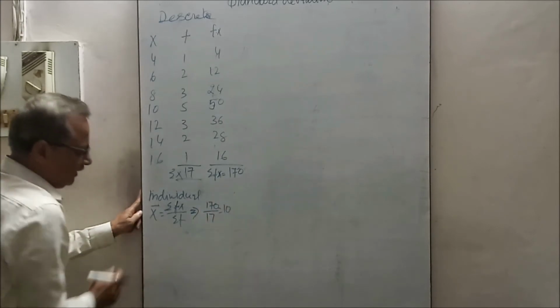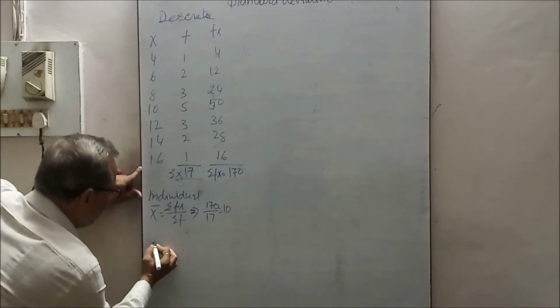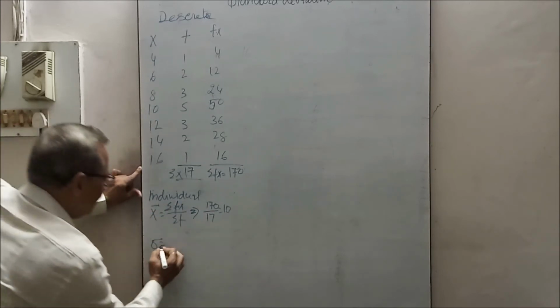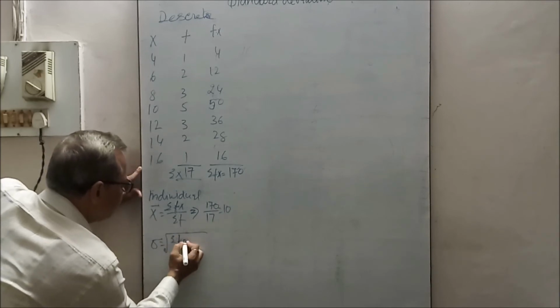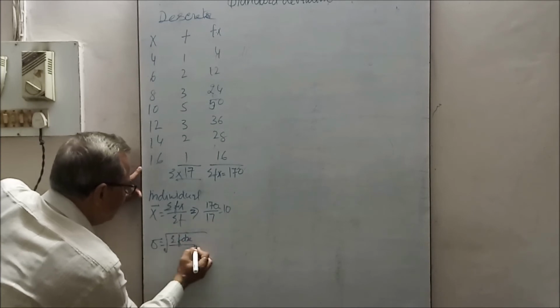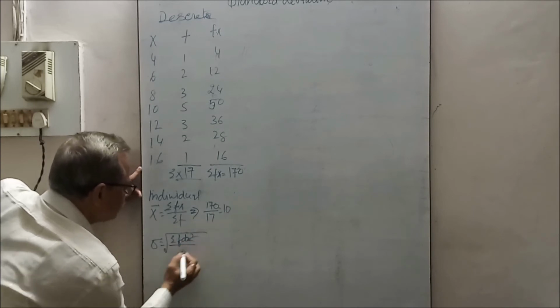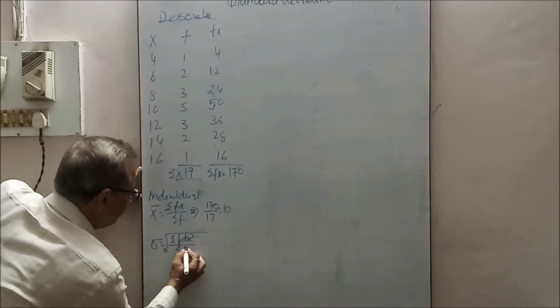Now, as in the individual series, we use the formula to find standard deviation: under root summation f dx square upon summation f.